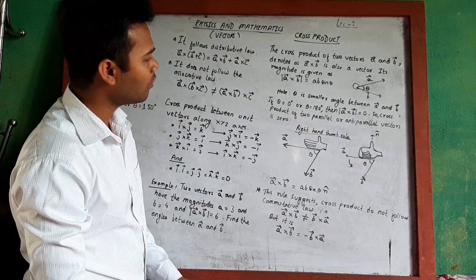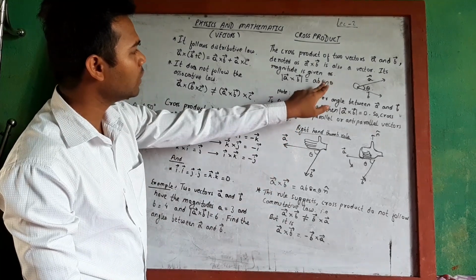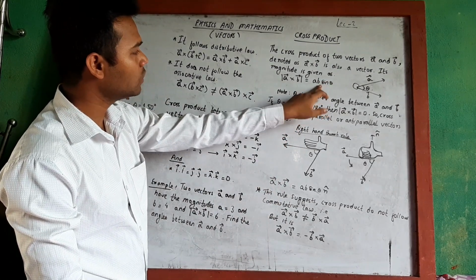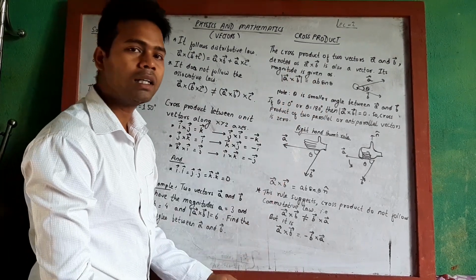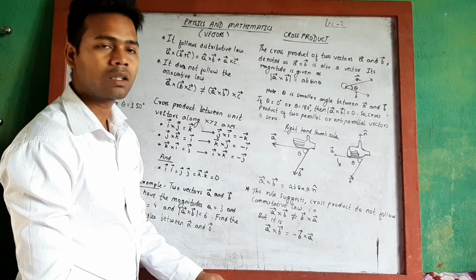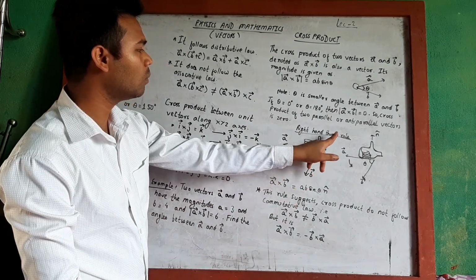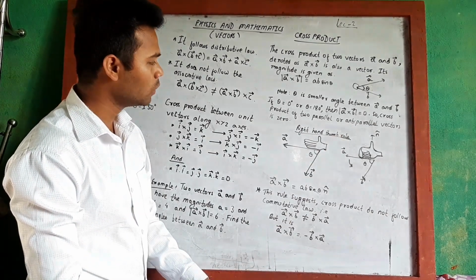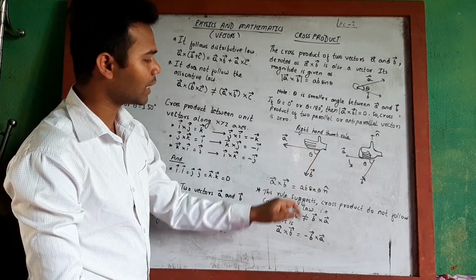Okay, now by using this formula we can find the magnitude of the cross product. But the next task is how to find the direction of the cross product. We can use the right hand thumb rule to find the direction. There are two vectors, a vector and b vector.